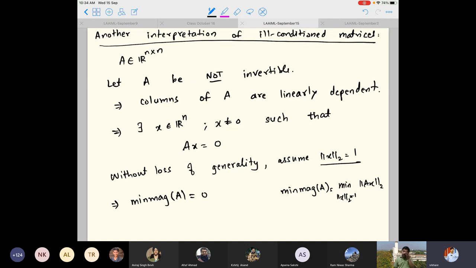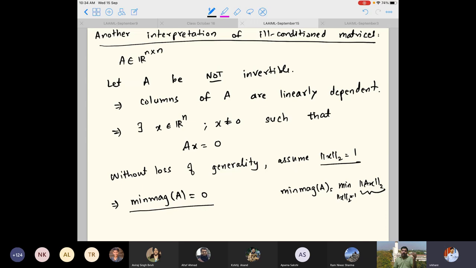This minimum magnification is always going to be greater than or equal to 0, because all these numbers whose minimum you are looking at are greater than or equal to 0. Because A is not invertible, you have been able to produce an x with norm 1 such that Ax is equal to 0. That means that the minimum magnification of A is equal to 0, right?